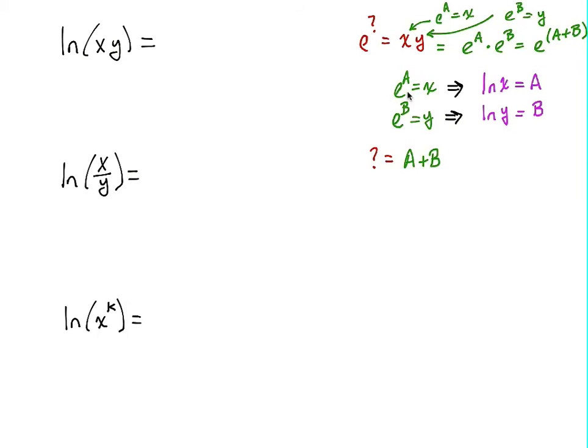Now if you go back and look at this substitution piece, if e to the a is equal to x, then using log notation, the natural log of x is equal to a. And if e to the b is equal to y, then the natural log of y is equal to b. All right.